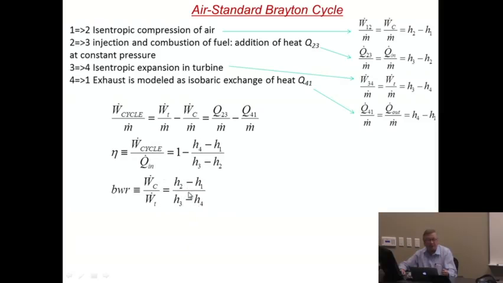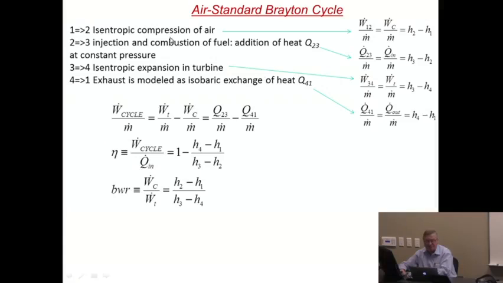Here, it's going to be on the order of 30% or more, because we have all a gas. Whereas in a vapor cycle, we had to compress a liquid, and we had to expand the gas. Compressing the liquid takes a lot less work than expanding the gas. So that's the main reason why vapor systems are more efficient in general than gas systems. But of course, the details matter enormously.